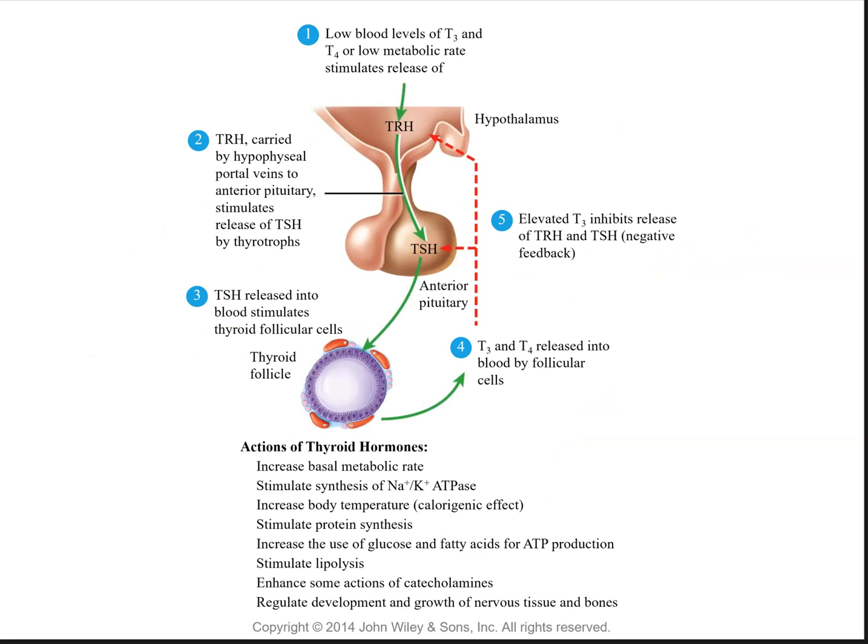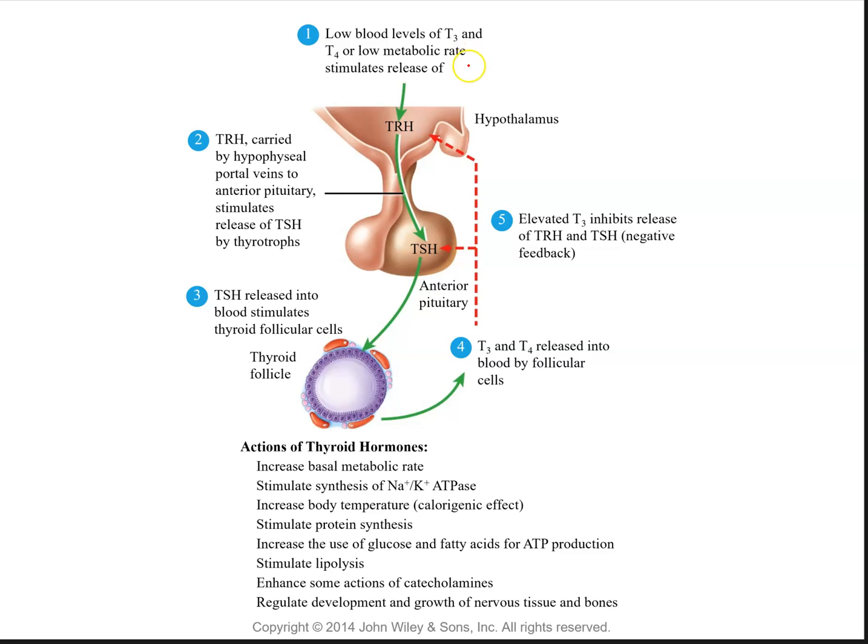So this picture shows the regulation of thyroid hormone. When a person undergoes thyroidectomy, that is removal of the thyroid gland, it leads to hypothyroidism. So when thyroidectomy is performed, the levels of T3 and T4 drop in the blood.